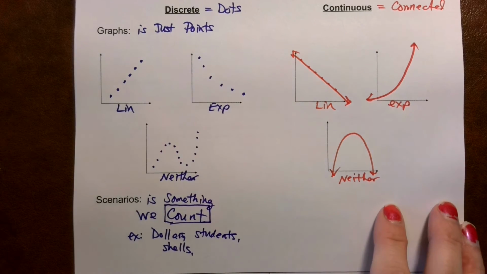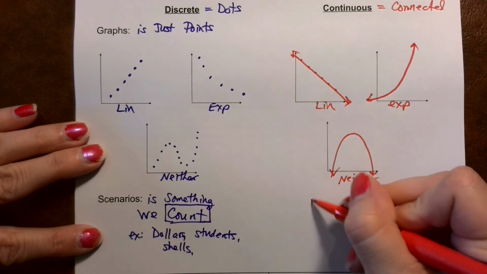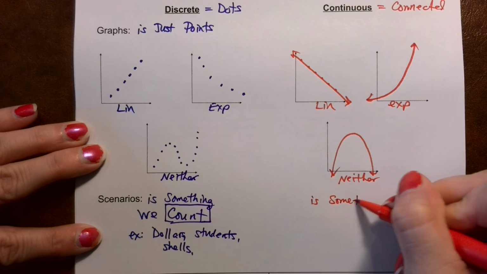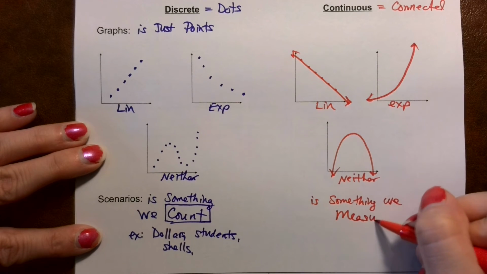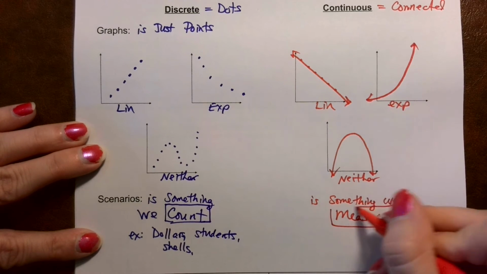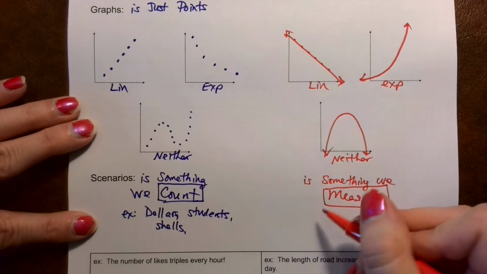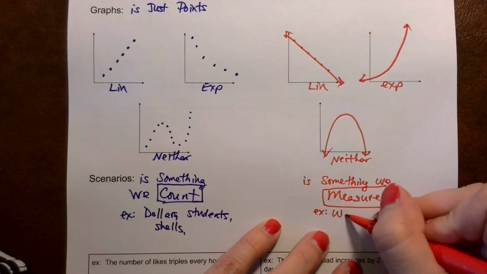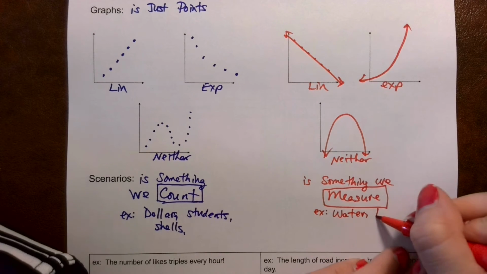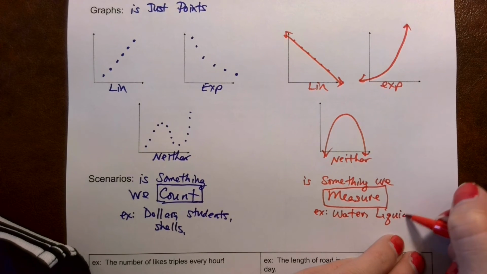What about continuous? Continuous is something we measure. So what are things that we measure? Maybe you have a measuring cup. You measure water, or you measure liquid.